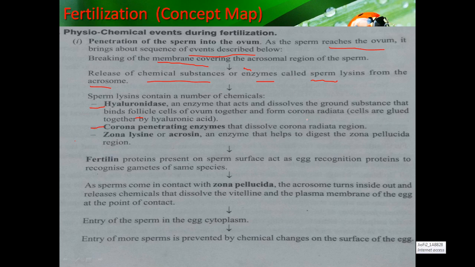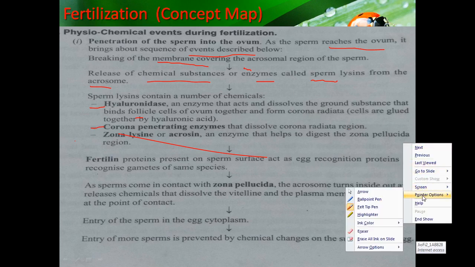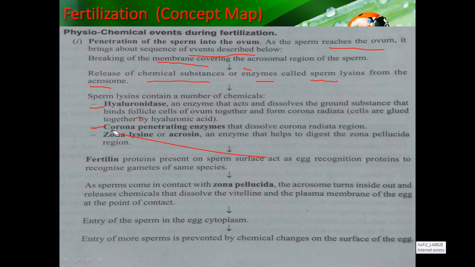From the corona radiata, the corona penetrating enzyme, ये जो corona penetrating enzyme इसका रोल क्या है? That dissolves the corona radiata region. ये जो corona radiata की सेल जो होती है उसको डिसॉल्व करने का काम करता है कौन सा पोर्शन? इसको करता है डिसॉल्व कोरोना पेनिट्रेटिंग एंजाइम.